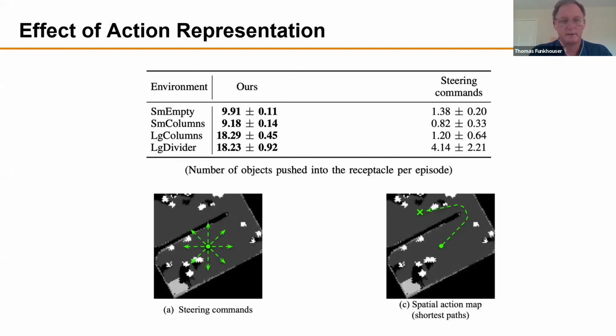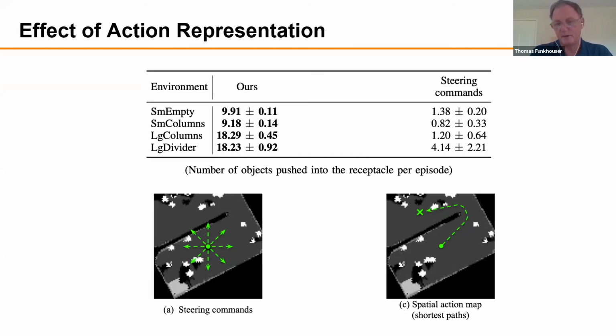Cool. If we look quantitatively at some of these things and compare the impact of our spatial action maps to what you would get if you trained a similar system with steering commands, it's a significant difference. So the table here has numbers of mean number of objects pushed into the receptacle plus their standard deviation using our spatial action maps versus if we were to train the same thing with steering commands.